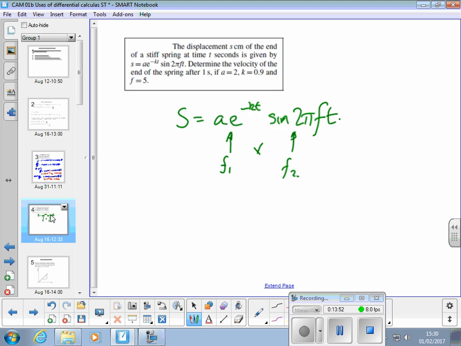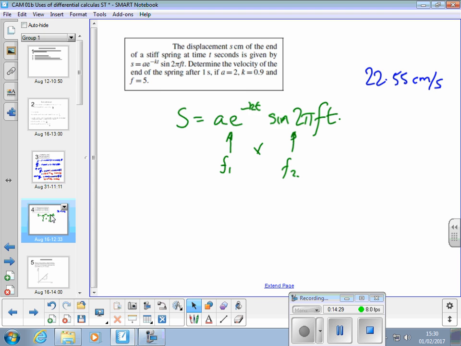It is 22.55 centimetres per second. That's the velocity at the end of the spring after 1 second. So they're giving you values of A, K and F, and asking you to find what the differential is equal to after 1 second. And that's the answer.